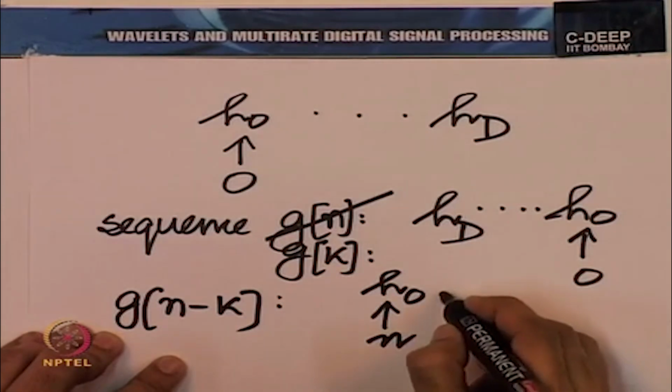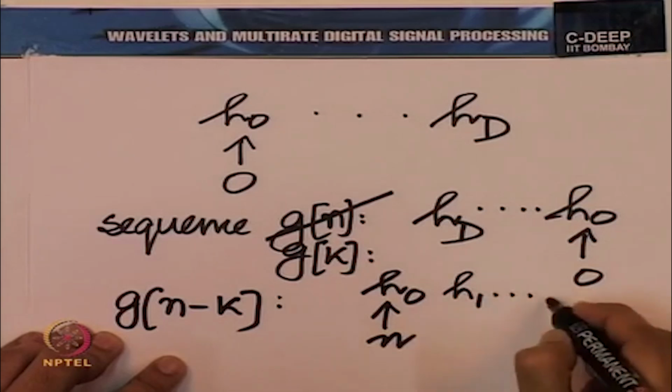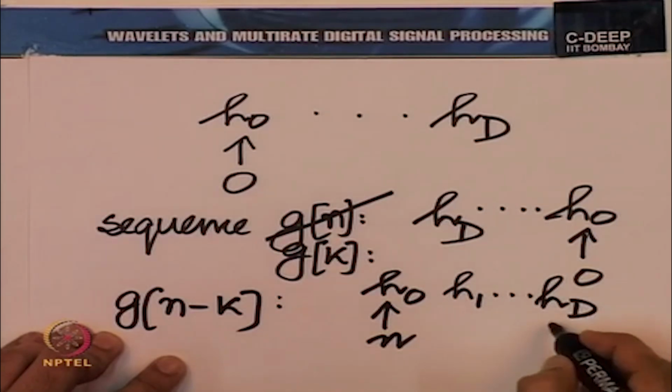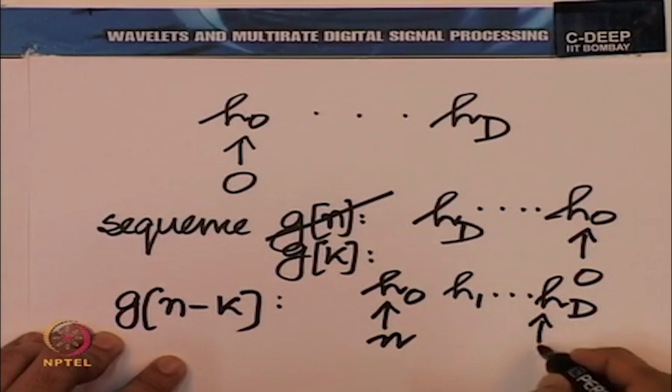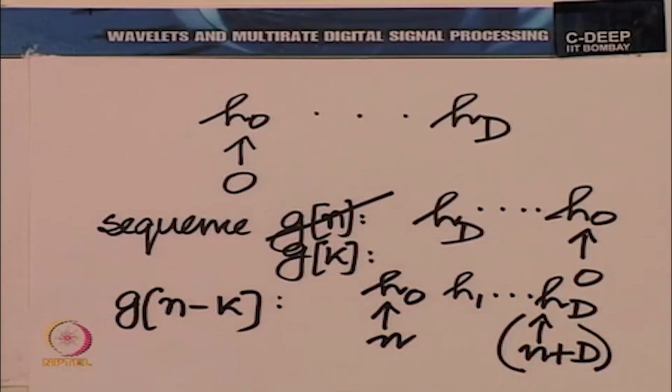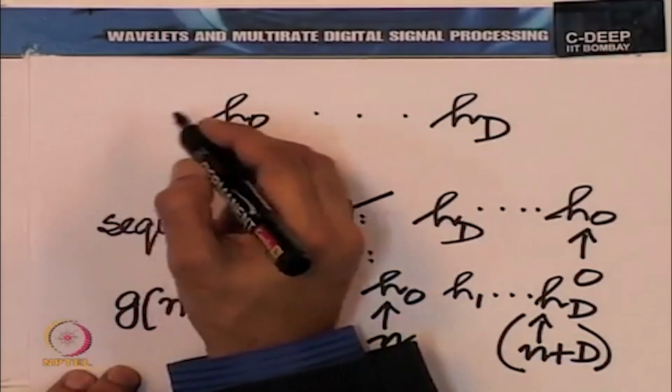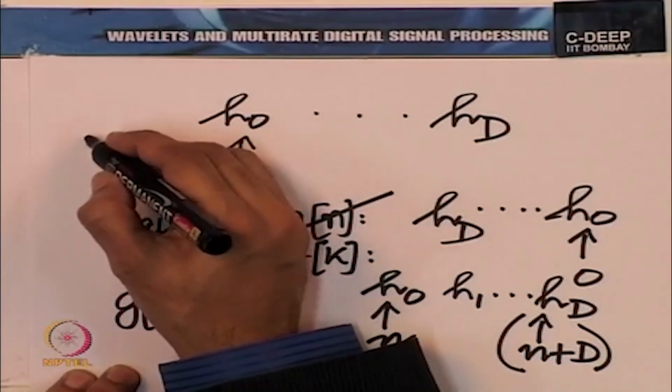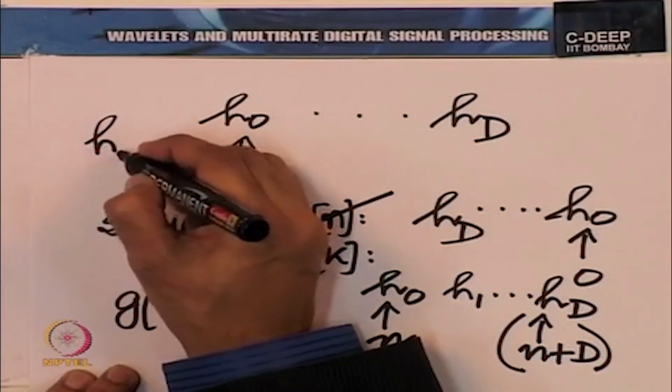So, you have H1 and so on up to Hd. So, this reaches the point n plus d here. This is the sequence G[n minus k], and this you may of course call the sequence H0[k] if you like.